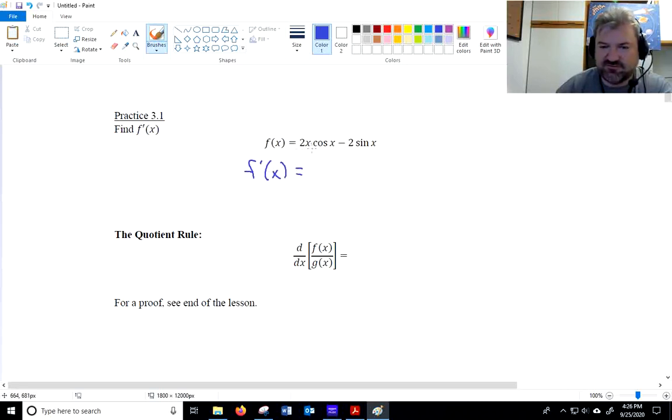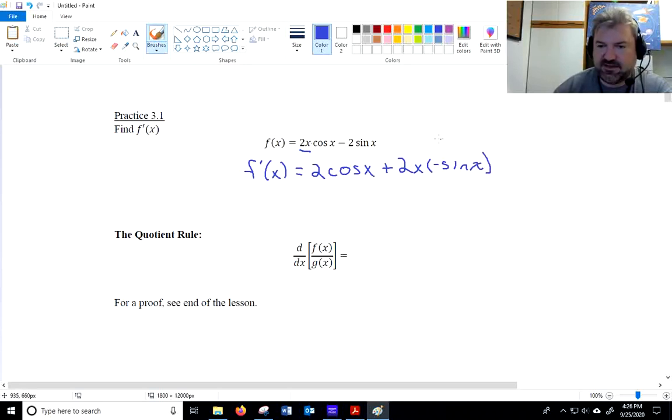Derivative of the first. So my first product I'm going to call 2x. So the derivative of the first is 2 times the second, cosine of x. Plus the first, 2x, times the derivative of the second, which is a negative sine x.